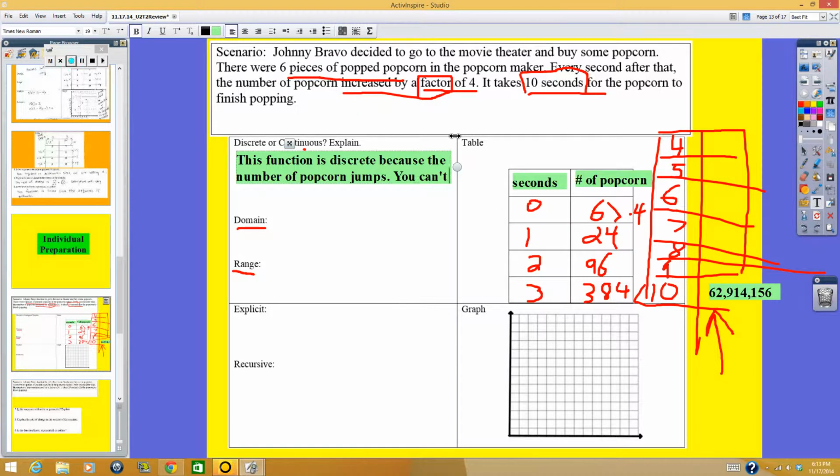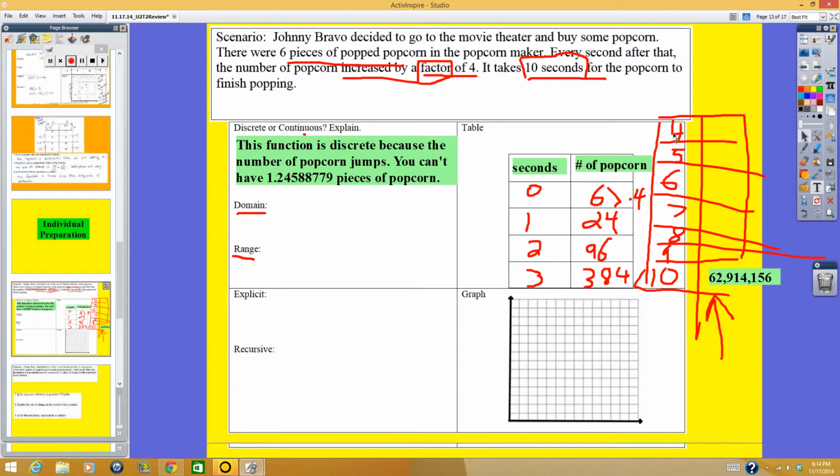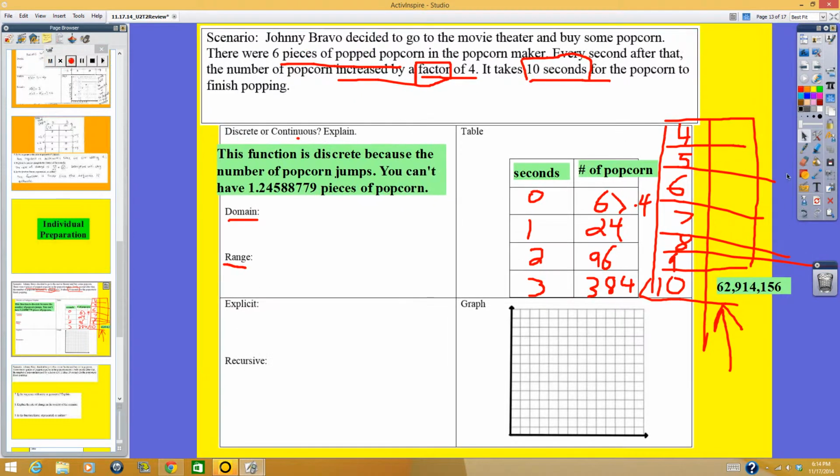You can't have, and I'll just give some crazy decimal, like 1.5 pieces of popcorn, right? It's jumping in value, okay? Alright, so since I said this is discrete, my domain and range should also be jumping, alright?